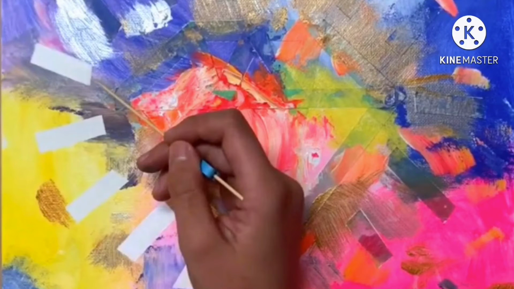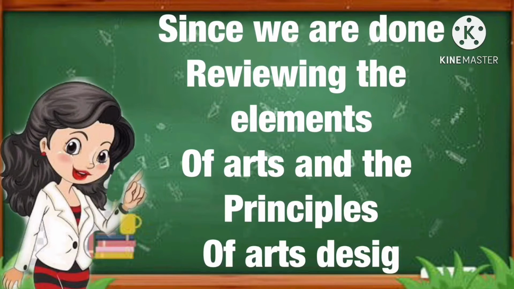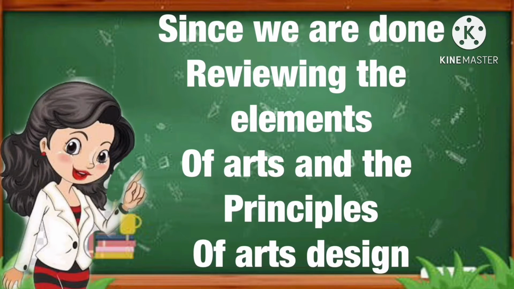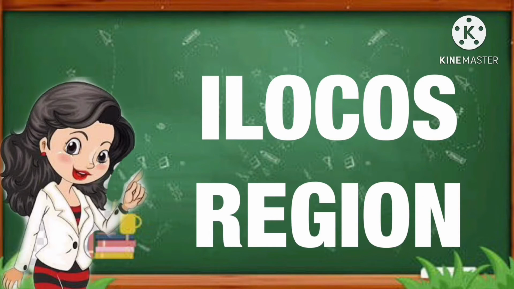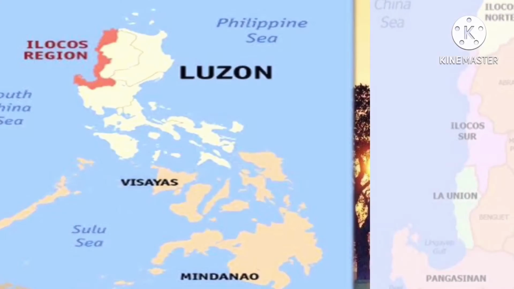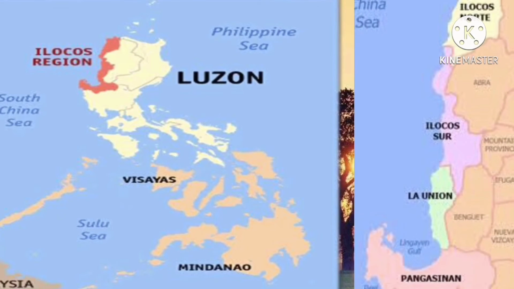And we can now create interesting artwork through various activities. Since we are done reviewing the elements of art and the principles of art design, I will bring you now to Ilocos Region. Ilocos Region is an administrative region of the Philippines designated as Region 1, occupying the northwestern section of Luzon.